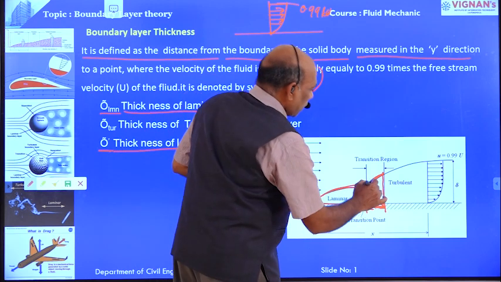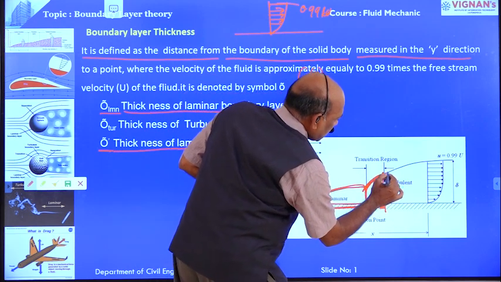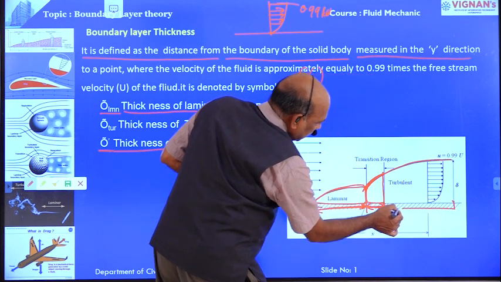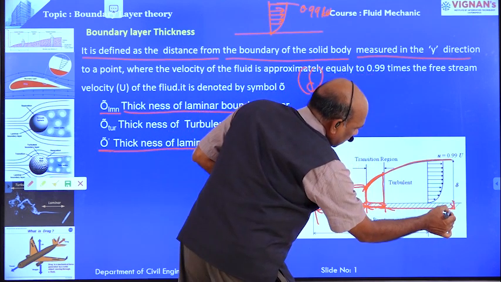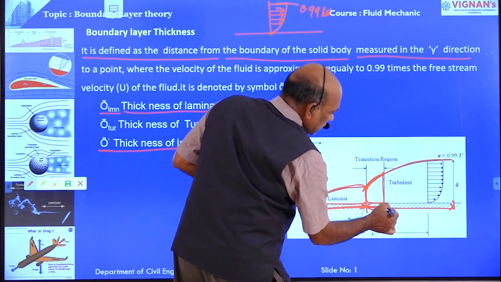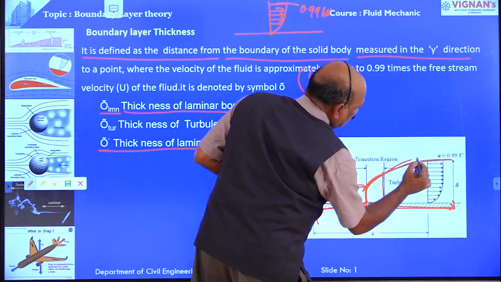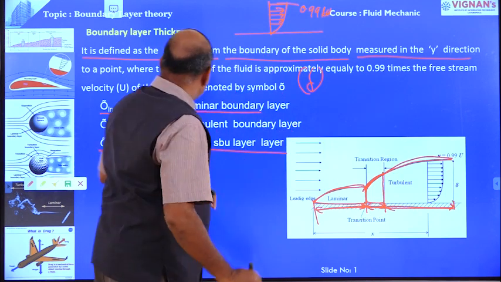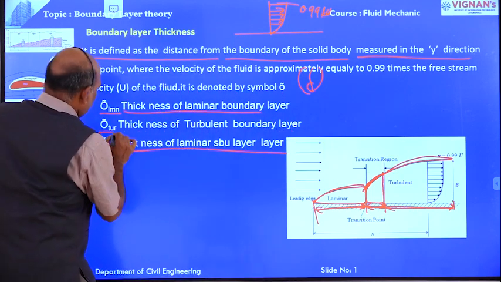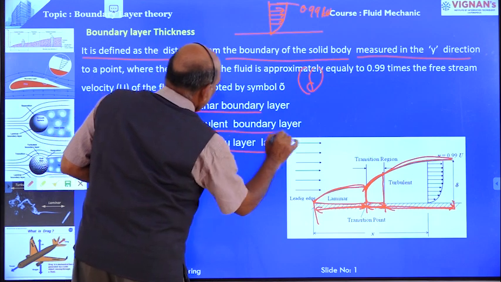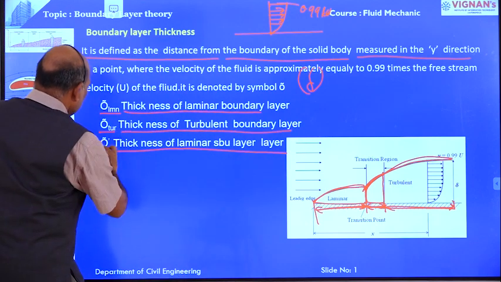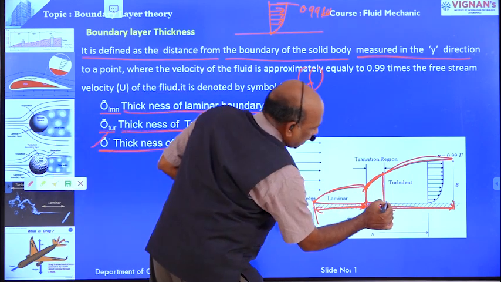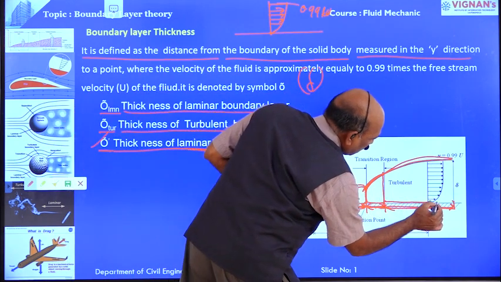Then this is the turbulent zone, and this is the thickness of the turbulent boundary layer, denoted by delta turbulent. Delta star is the thickness of the laminar sublayer. This is the laminar sublayer.